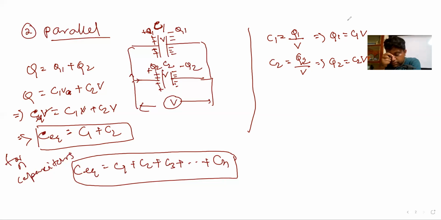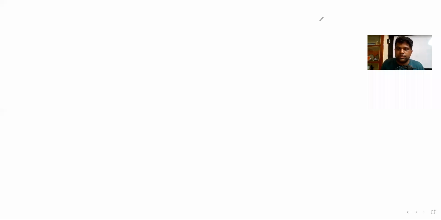Now let us discuss one question. Let us solve it. The question is that four capacitors are in a circuit oriented in this way.